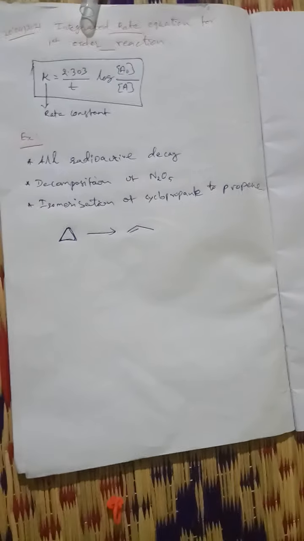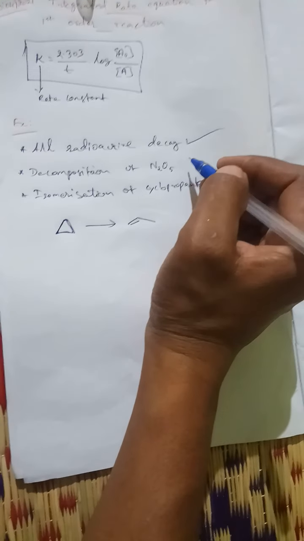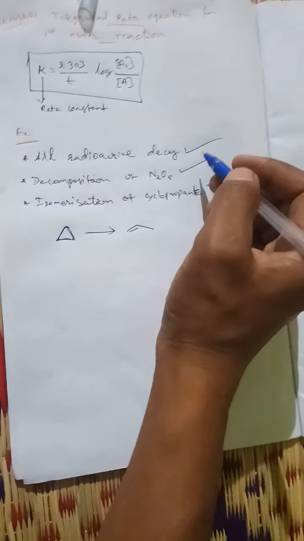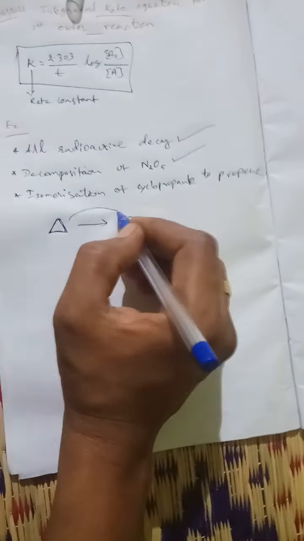So all radioactive decay, decomposition of nitrogen pentoxide, and isomerization of cyclopropane to propene are examples for first order chemical reactions.